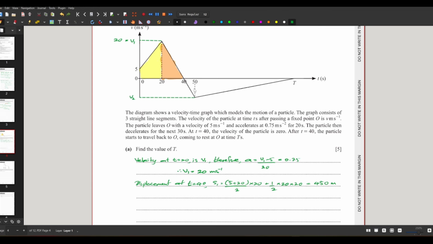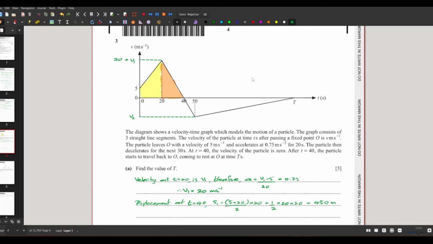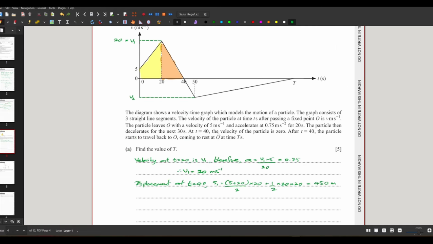Since we know the gradient is... no, they didn't give us the acceleration. Okay, so this is the acceleration and the particle then decelerates. So here they didn't give us the deceleration.